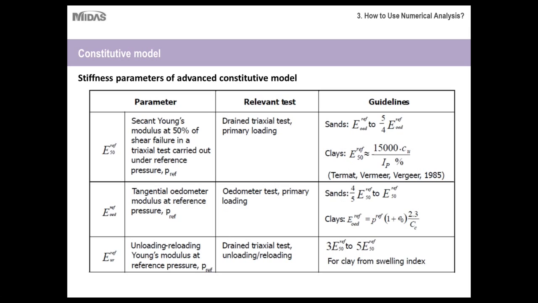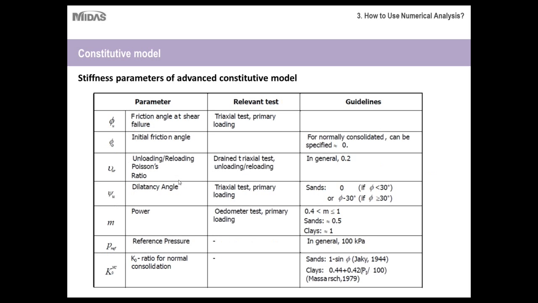These are all the parameters that you have to throw into advanced constitutive material models. If you're dealing with Mohr Coulomb alone, then largely you would be using E50. Then there are additional parameters that are required to complete the definition of advanced material models, and you can see they are determined based on different types of field tests.